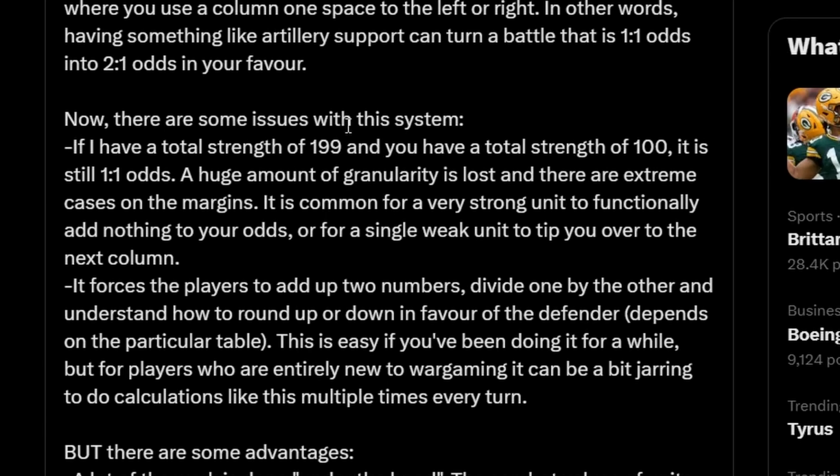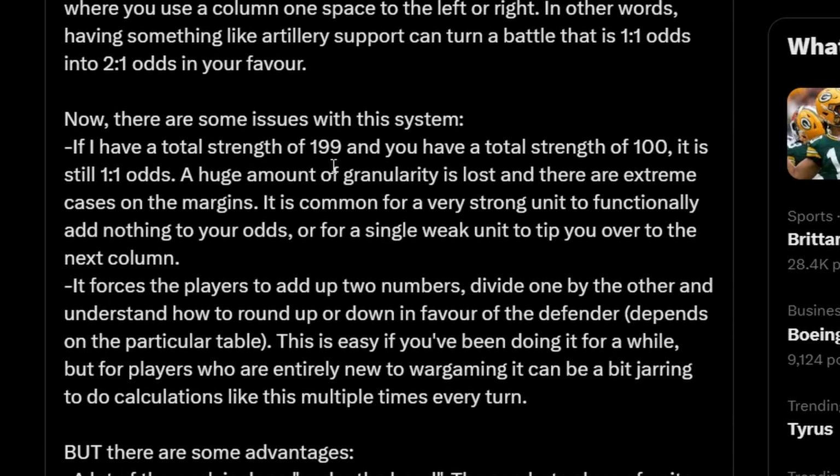Now, there's some issues with this system. If I have a total strength of 199 and you have a total strength of 100, it's still 1-to-1. Now, you don't have to do that. You could have rounding rules. Most systems explicitly state how you're supposed to round if you are at near odds. So if you were to actually calculate 199 over 100, it's not 1-to-1, obviously. It's 1.99 to 1.